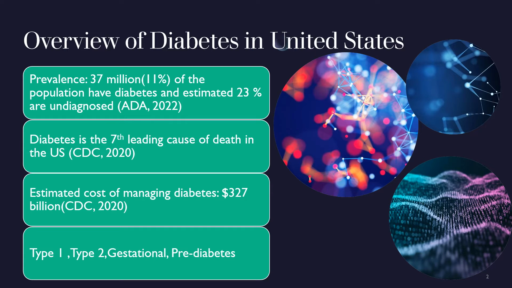The common types of diabetes are insulin dependent, which is type 1, non-insulin dependent, which is also known as type 2, gestational diabetes, and prediabetes. Risk factors for diabetes include obesity, family history, sedentary lifestyle, and age 45 and older.